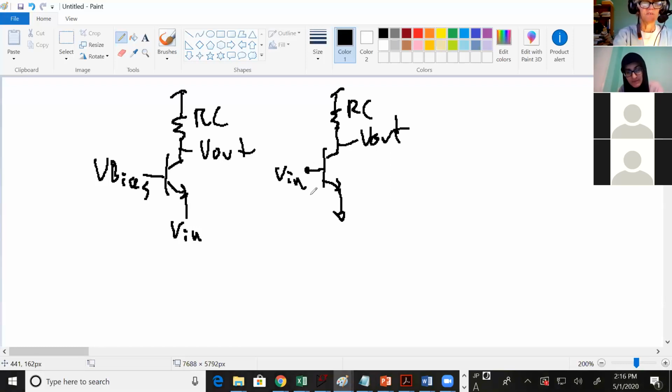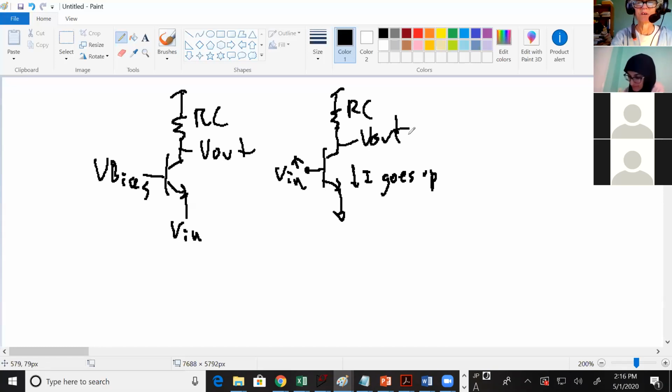Okay, so let's see what happens here with the common emitter. If I raise V in, what happens to the current through the transistor? It increases.